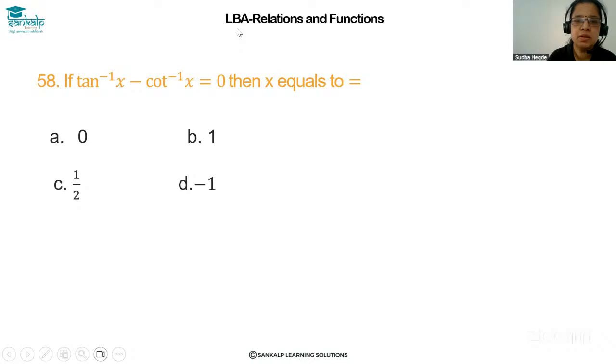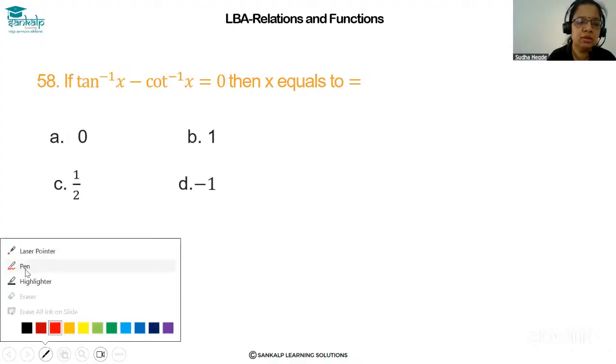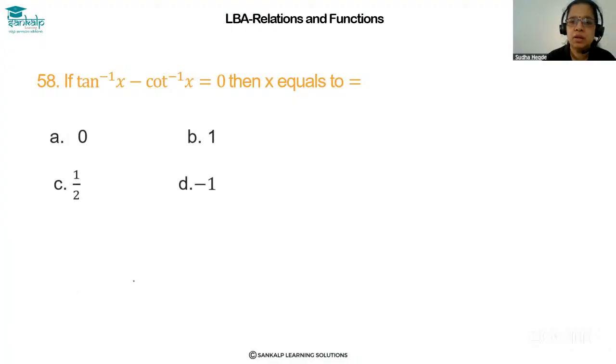Hi students, the question is if tan inverse x minus cot inverse x is equal to 0, then x equals to. Okay, so given thing you need to take and simplify and use the standard identity and find the answer.